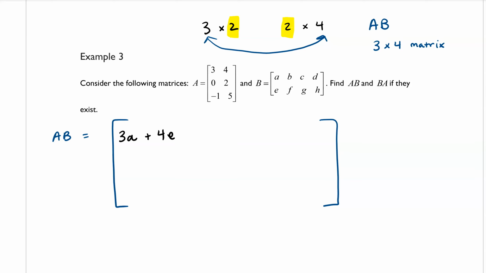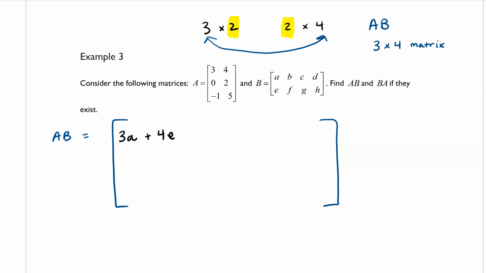So basically the first row in matrix A and then the second column in matrix B. And we would do a similar thing where we would multiply 3 times B, so it's going to be 3B plus 4 times F. So 4F, like that.